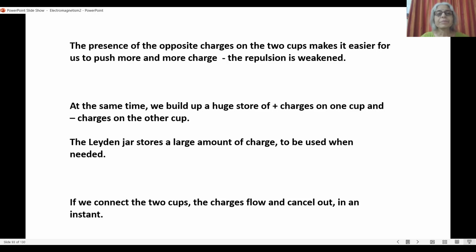So this way, we can charge the Leyden jar little by little and end up with a large amount of charge on it. It stores a large amount of charge and can be used whenever you need it.